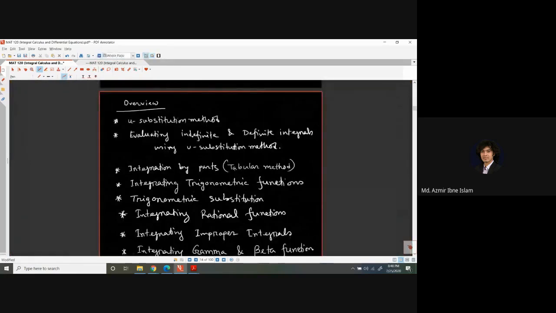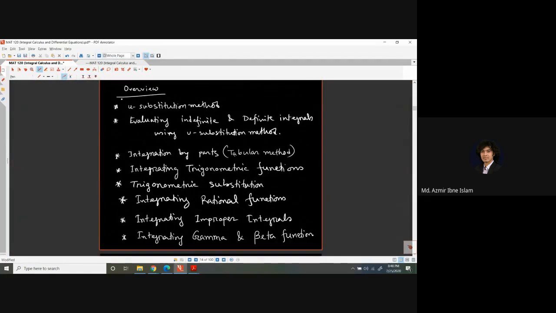But remember, you have to start from the very basic concepts, that is, from the U substitution method, because this is the very fundamental technique that is applied every now and then. Then we see how the U substitution method can be applied to find the antiderivative for an indefinite integral and to find the area for a definite integral. Then we have to know the integration by parts method.